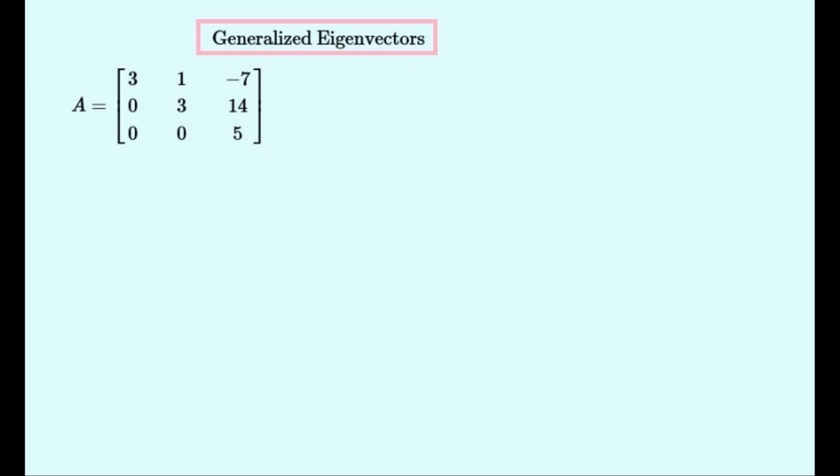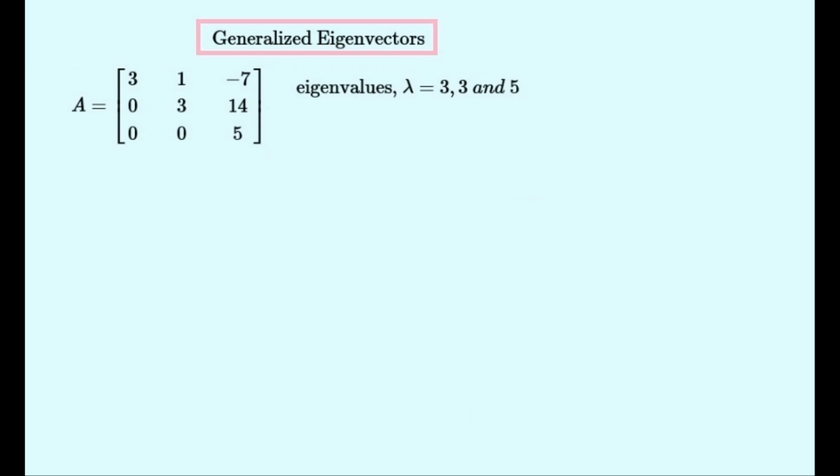So now to look at a more complicated example of a non-diagonalizable matrix, and how to find a generalized eigenvector for it. Because this matrix is an upper triangular matrix, then the eigenvalues are just the diagonal entries.